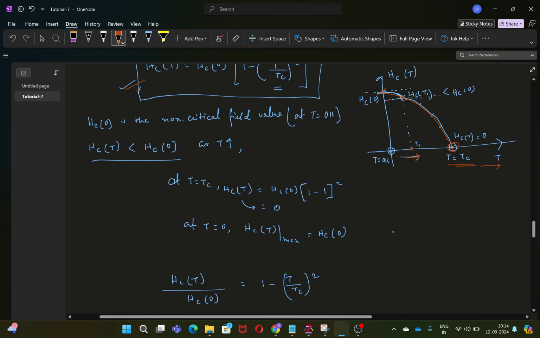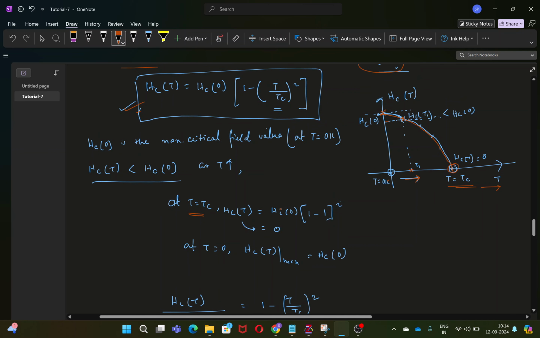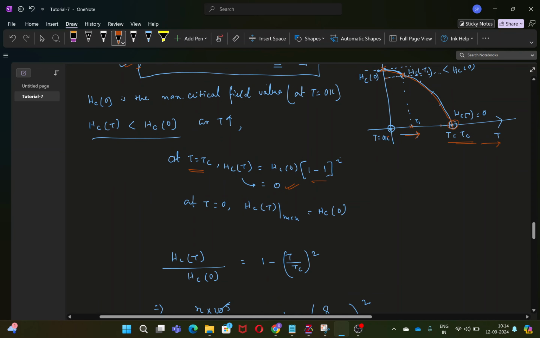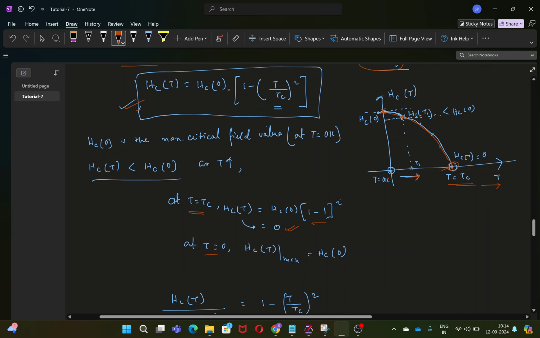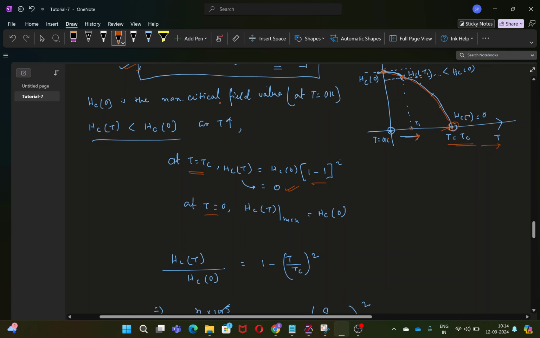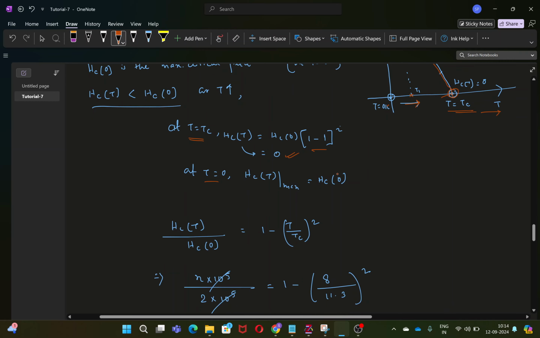We can use the equation to show you that if you put T equal to Tc in that expression, you get Hc0 into (1 minus 1) whole square. It's nothing but 0, as we also saw from the graph. But at T equal to 0, the second term is just 0. So you just get Hc(T) equal to Hc0, which is the maximum value of the critical field.